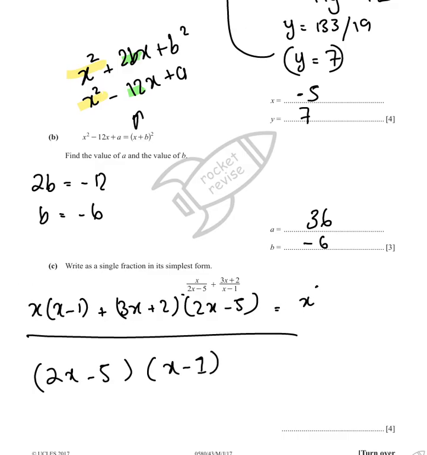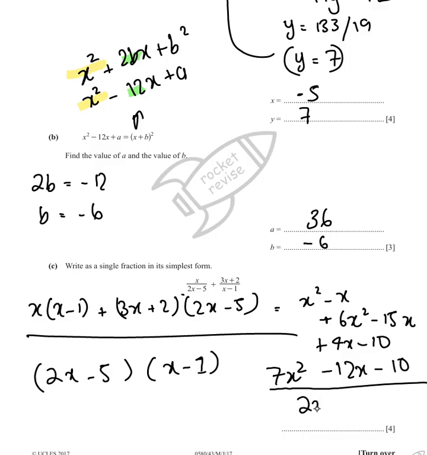This becomes x squared minus x plus 6x squared minus 15x plus 4x squared plus 4x minus 10. 7x squared, I'm just doing the numerator for now. 7x squared minus 12x minus 10 becomes the numerator, and 2x minus 5 over x plus x into x minus 1 becomes the denominator.